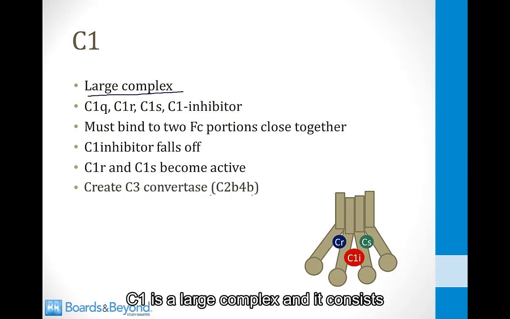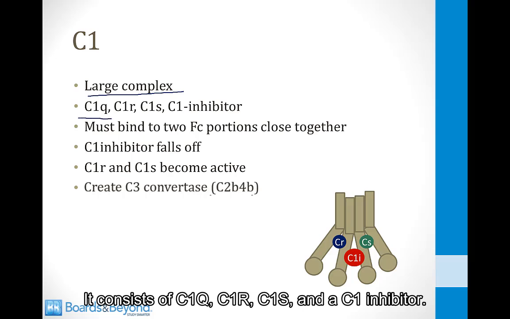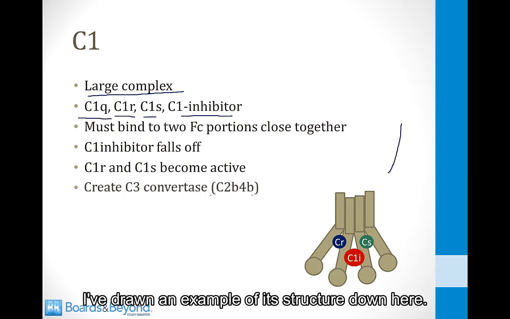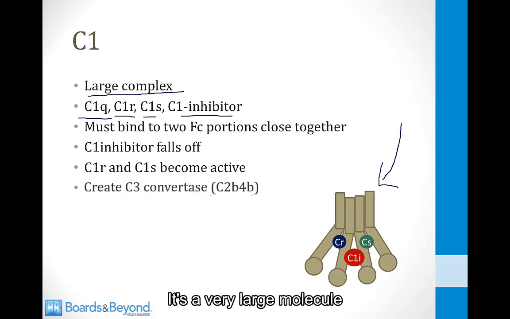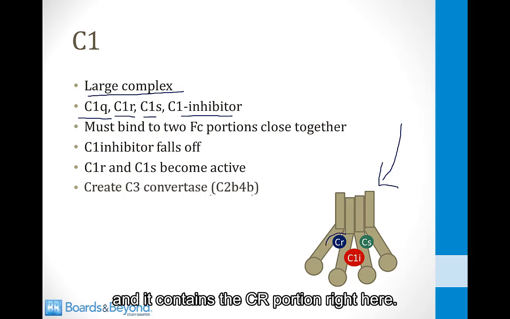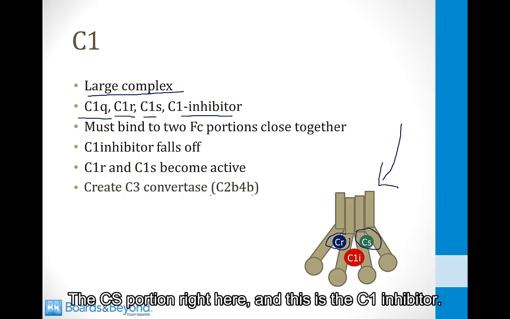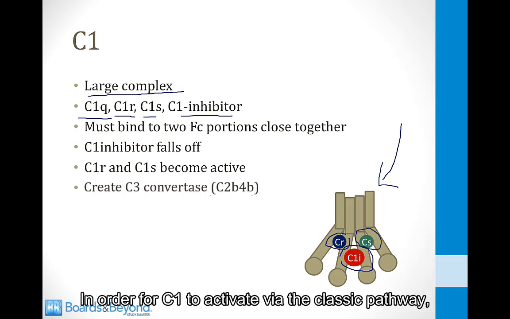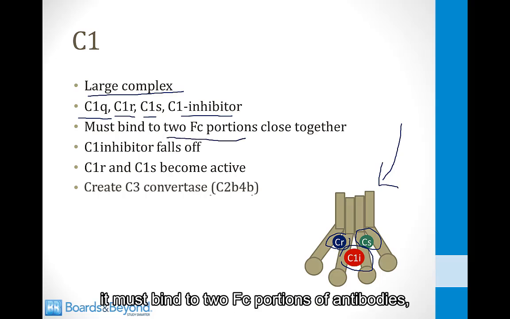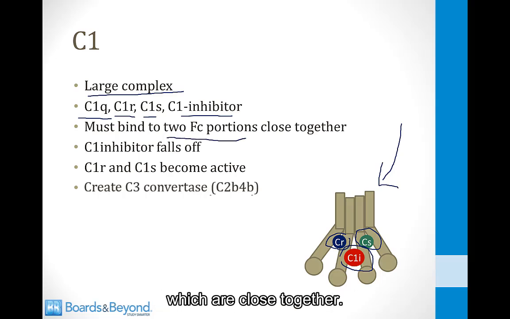C1 is a large complex, and it consists of several different molecules together. It consists of C1q, C1r, C1s, and a C1 inhibitor. I've drawn an example of its structure down here. It's a very large molecule, and it contains the C1r portion right here, the C1s portion right here, and this is the C1 inhibitor. In order for C1 to activate via the classic pathway, it must bind to two Fc portions of antibodies which are close together.